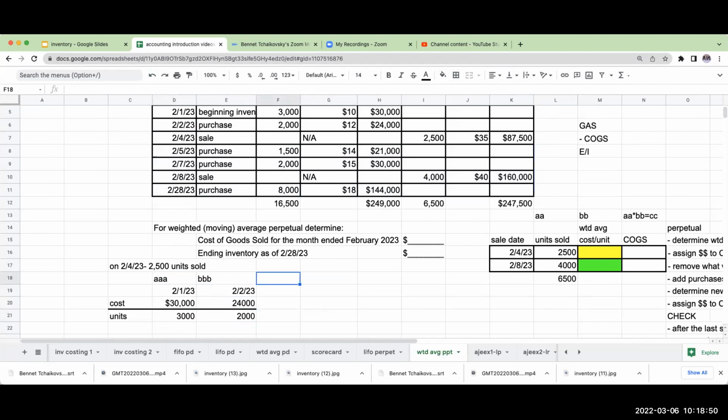So when I add up the two purchases, my cost pool pre-2/4/23 sale is going to be 30,000 plus 24,000, divided by 5,000 units, for a weighted average cost per unit.